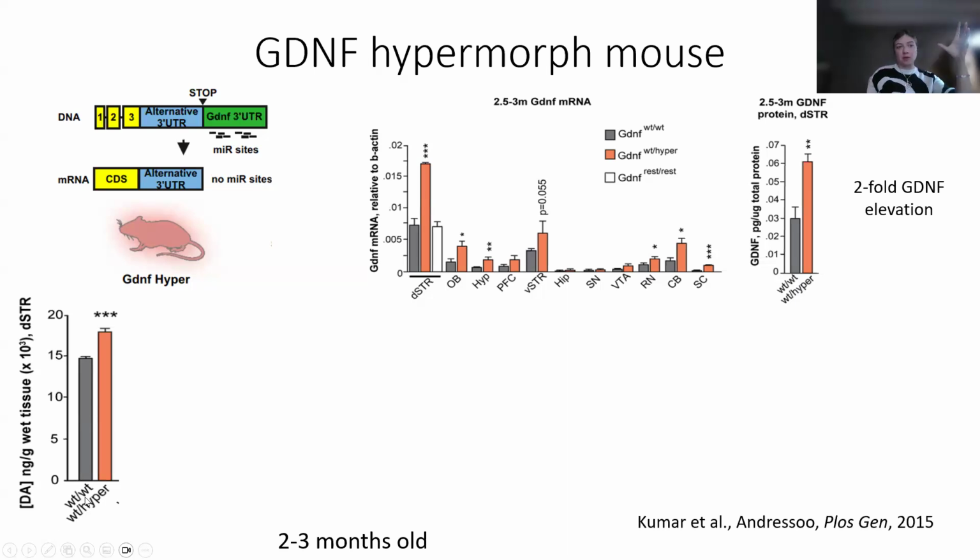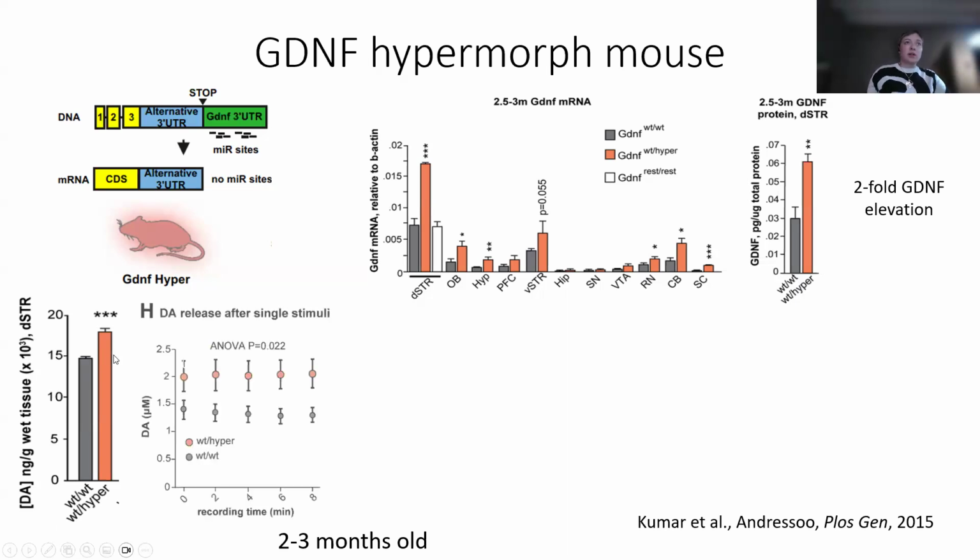This is for the dorsal striatum. We saw upregulation of dopamine as well as higher dopamine release in the striatum. This was done by cyclic voltammetry experiments.